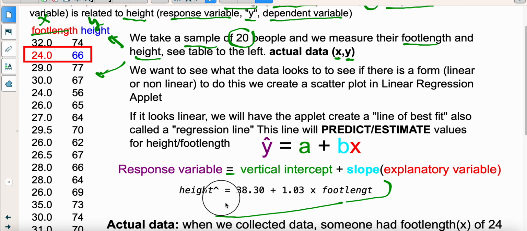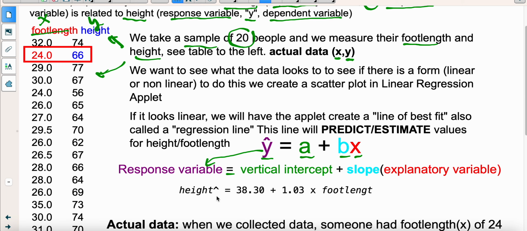So let me just connect it to what we've done so far. We talked about y equals a plus bx. Y is the response variable, in this case, height. The hat just means it's an estimate. That line that we get out of Rossman Chance is a way to predict height given any x value.